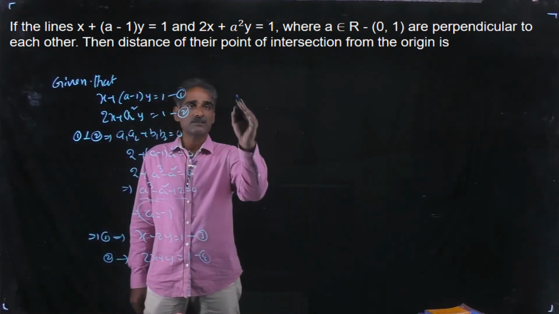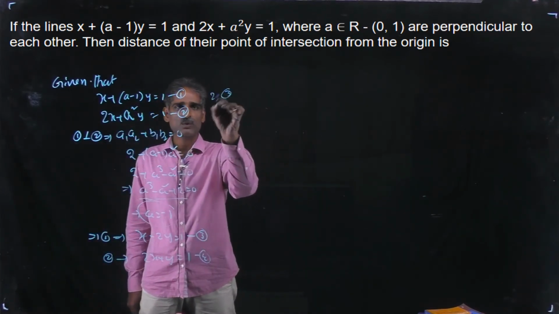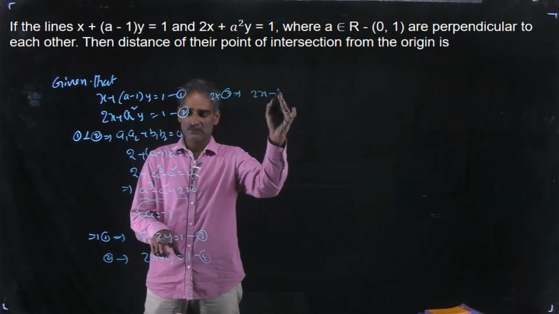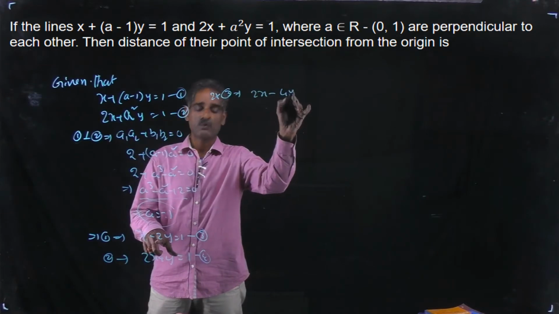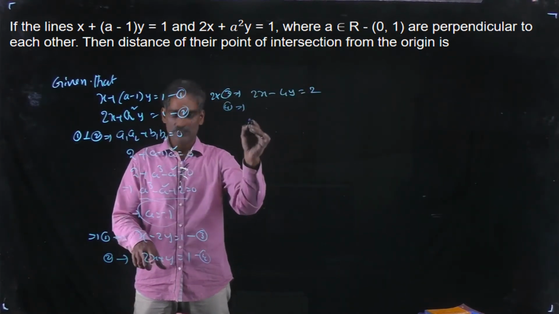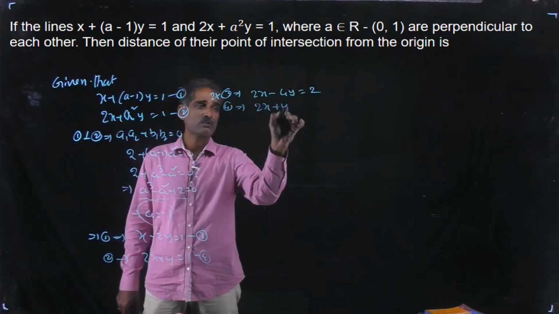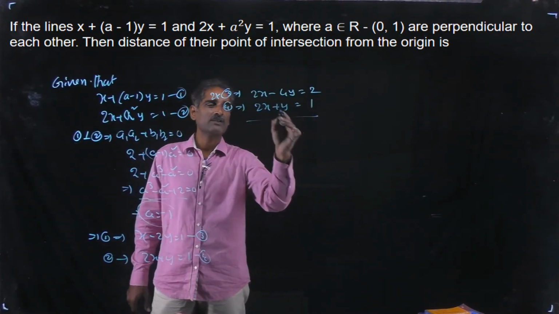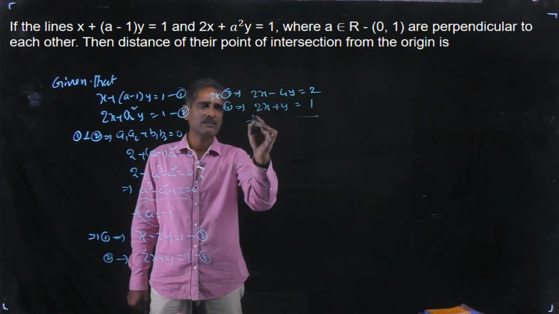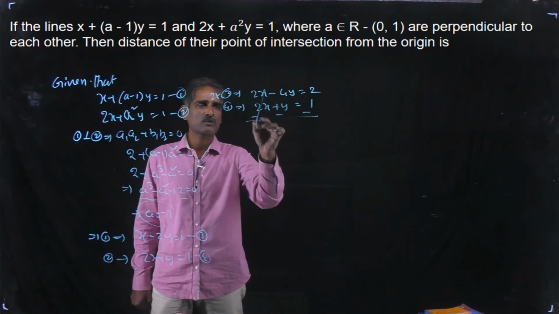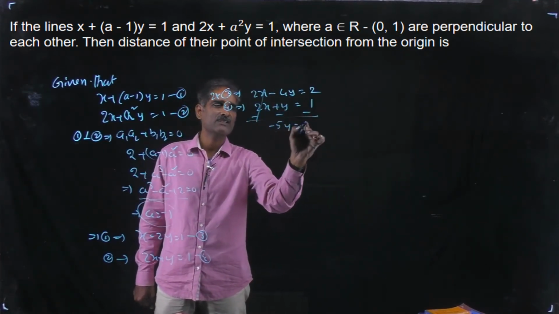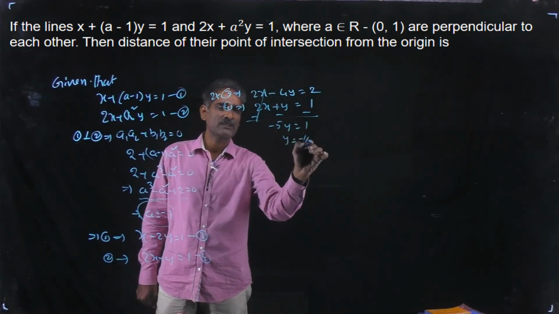For that, multiplying equation 3 by 2, we get 2x minus 4y equal to 2, and the fourth equation stays the same, 2x plus y equal to 1. So subtract this equation from this one, then 2x gets cancelled, and we get -4y minus y, that is -5y equal to 1, so y is equal to -1 by 5.